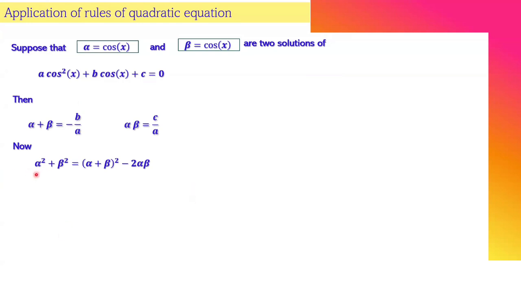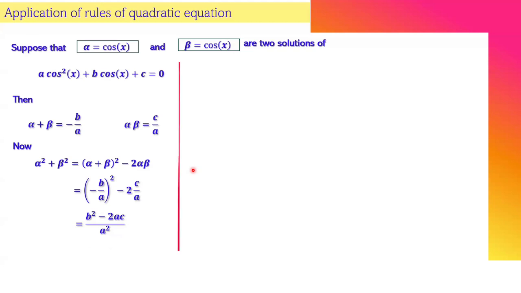Alpha square plus beta square can be written as alpha plus beta whole square minus 2 alpha beta. Now alpha plus beta is known to us, alpha beta is known to us, so we just substitute it: minus b over a whole square minus 2 c over a. Then after simplification we get b square minus 2ac over a square. So this is alpha square plus beta square.